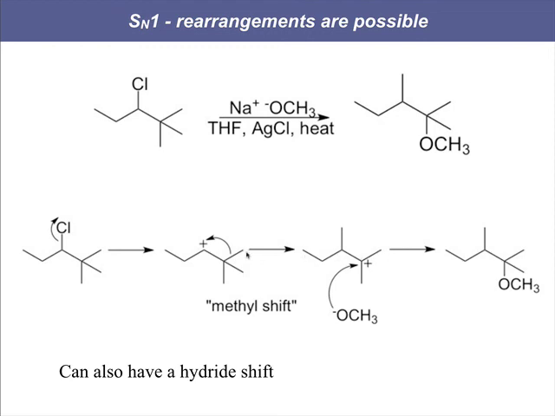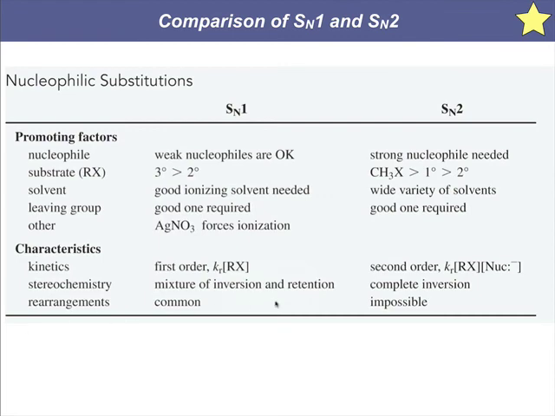One thing I didn't mention, shifts only occur really one spot. So this methyl group is moving over one carbon. Shifts really don't often occur moving 2 or more spaces. So they can only move to one adjacent spot. But rearrangements are possible and fairly common for SN1. They are impossible for SN2.